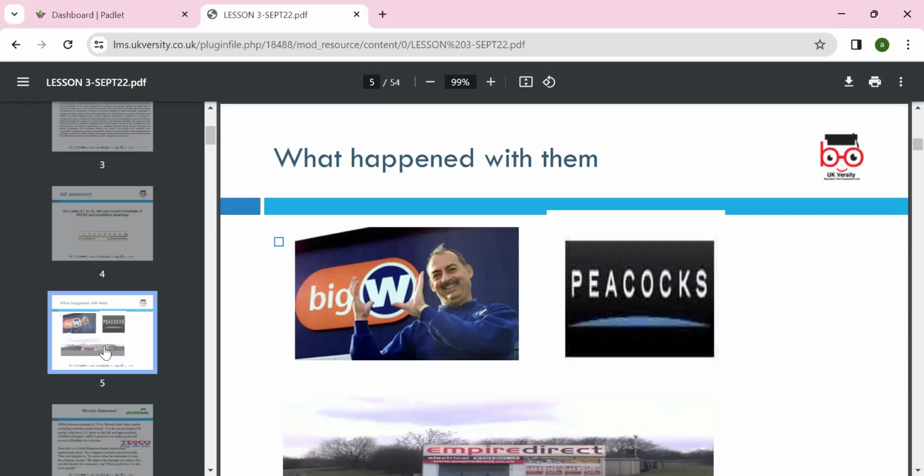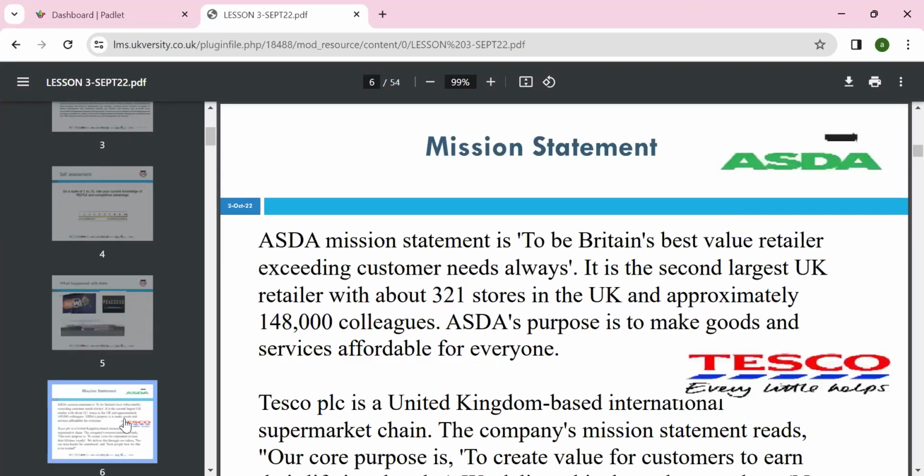So sustainability and staying in the business is crucial, and we need to make sure we follow these rules and change ourselves according to the environment. We can look at the mission statement of Tesco, which is to be Britain's best value retailer, exceeding customer needs, the second largest supermarket.